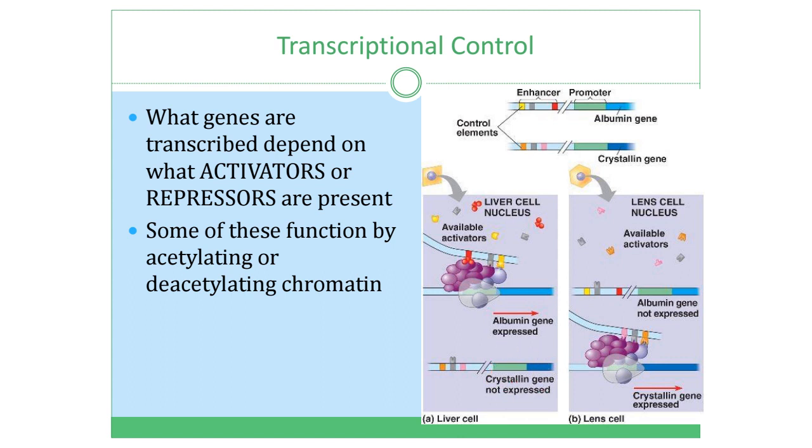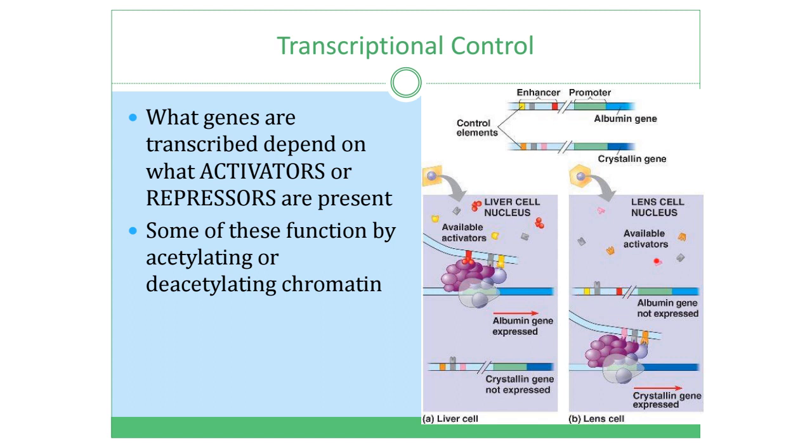Likewise, if you look at the lens cell in your eye, you'd have these pink, orange, and gray activators available. Those would bind the control elements of the enhancer in the crystalline gene, and that would allow you to form the initiation complex for the crystalline gene to be transcribed. Whereas albumin wouldn't be turned on because you're missing the red and yellow activators that bind these control elements in the enhancer of that gene.